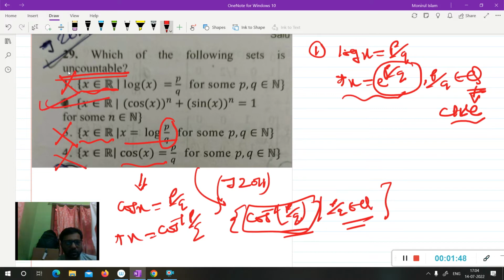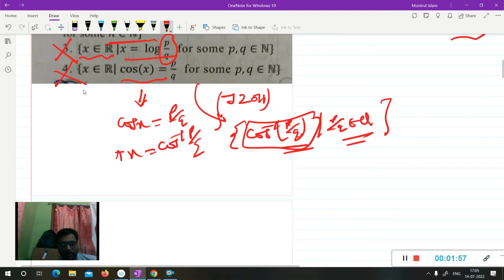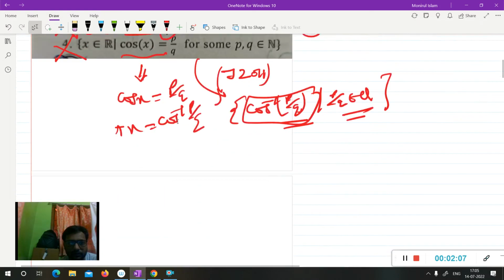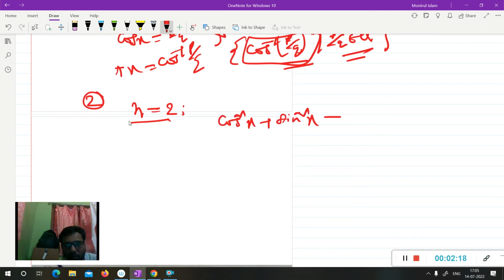It says cos power n x and sin power n x, their sum equals 1 for some natural number n. If you want to verify it, you can. If you put n equal to 2, you get cos square x plus sin square x equals 1, right?